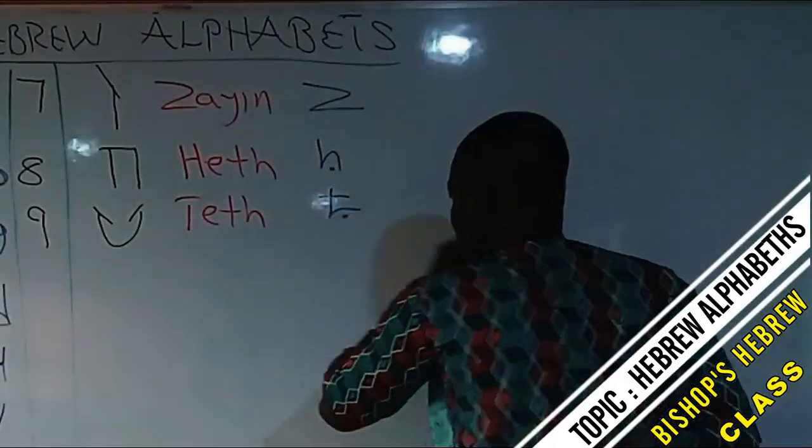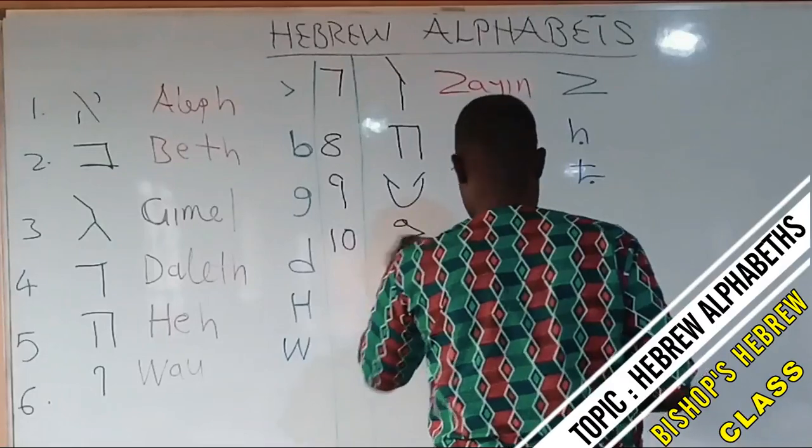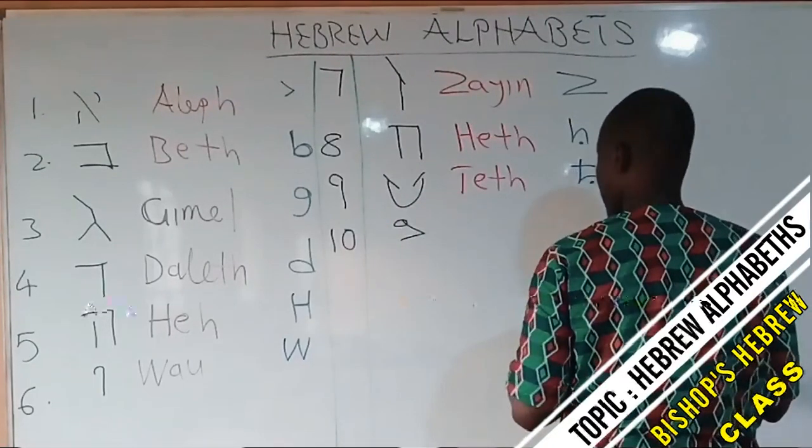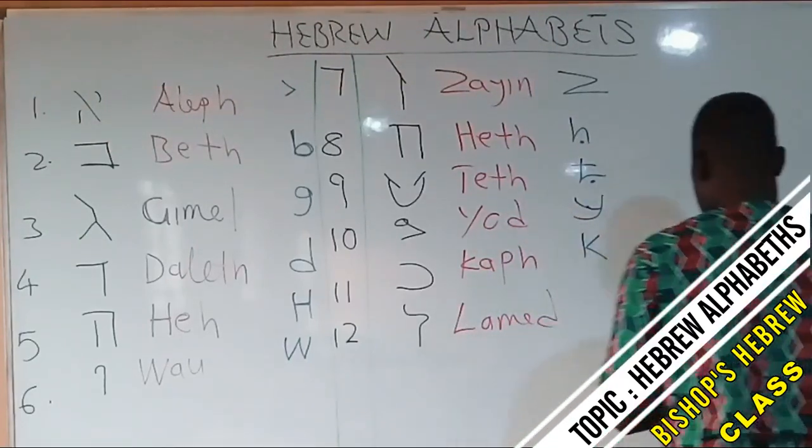It's a T with a dot. The 10th one is a Yod. Which is an L.